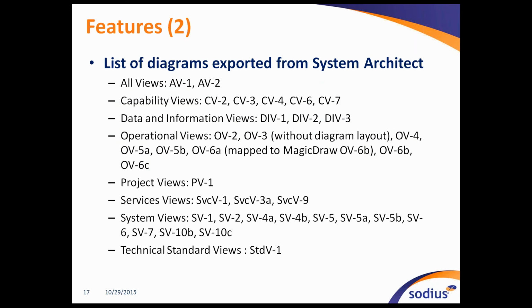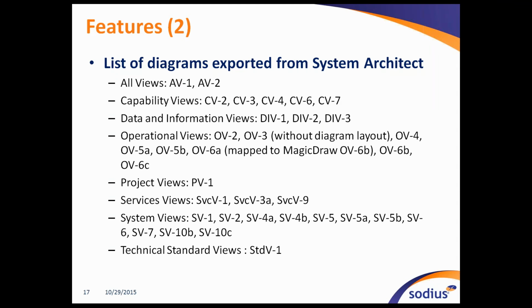Here is the list of diagrams that we can export from System Architect. We can export the all views AV1 and AV2, the capability views CV2, CV3, CV4, CV6 and CV7, the data and information views DIV1, DIV2 and DIV3, the operational views OV2, OV3, OV4, OV5A, OV5B, OV6A, which is mapped to a MagicDraw OV6B, and OV6C.